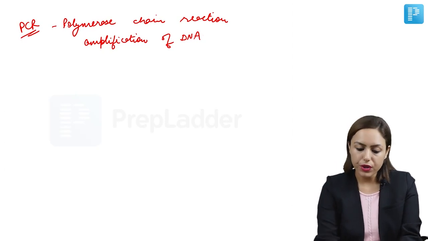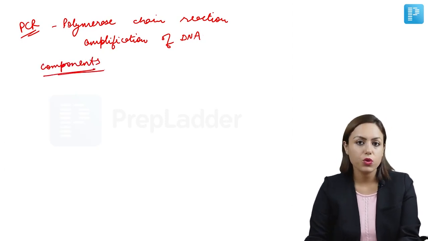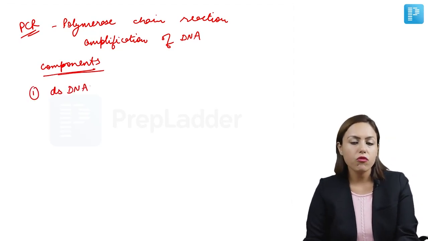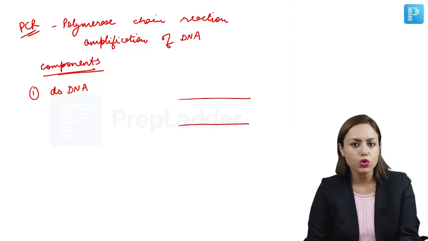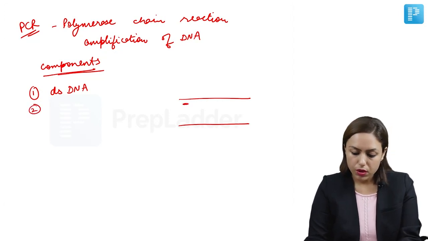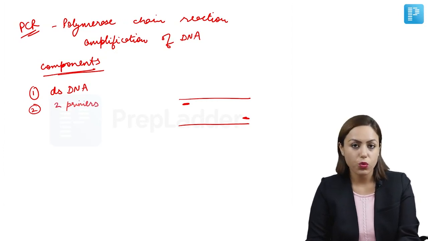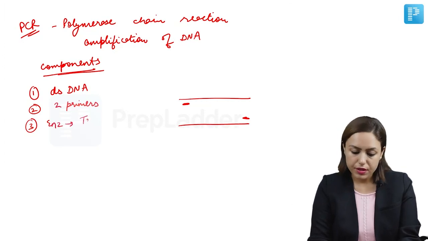And the components required in PCR are, number one, double-stranded DNA, the source DNA, which is to be amplified, right? Number two, we require primers, 2 primers, one for each strand, right? Then we need the enzyme. The enzyme is Taq polymerase.